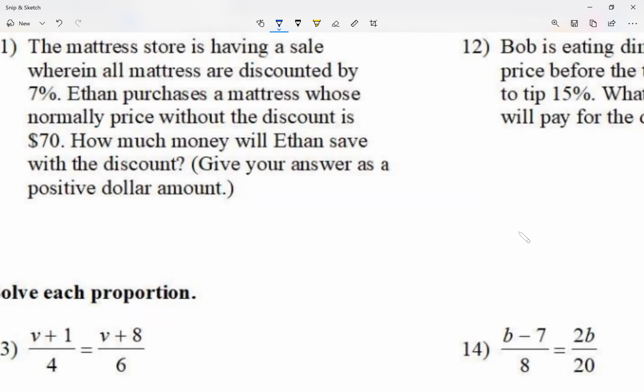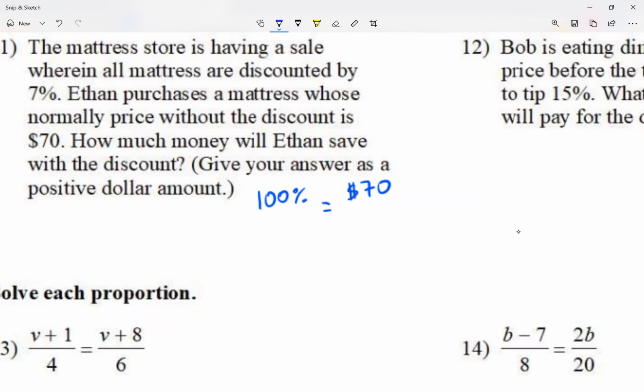All right, so the normal price is $70, right? So when I say 100% is equal to $70, that's the normal price. That's the whole price of the mattress. So the whole mattress is $70.